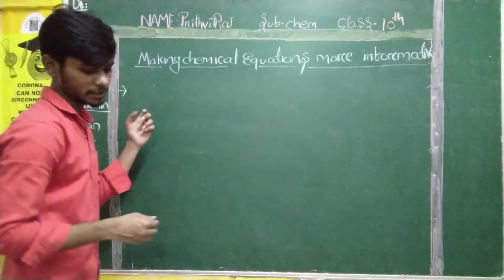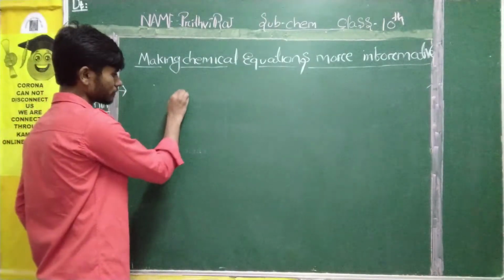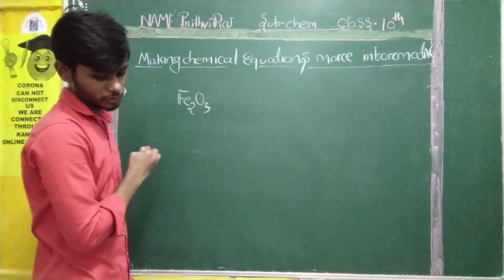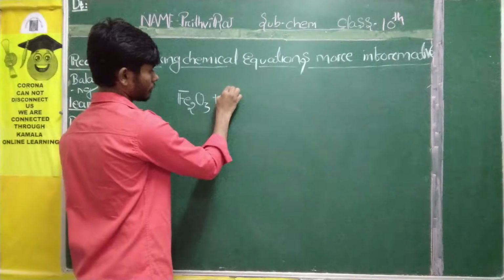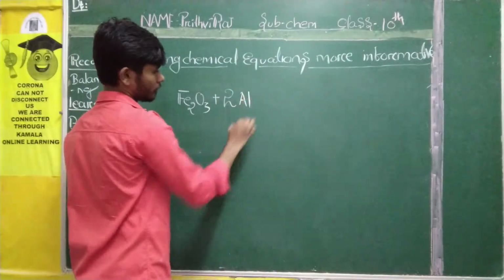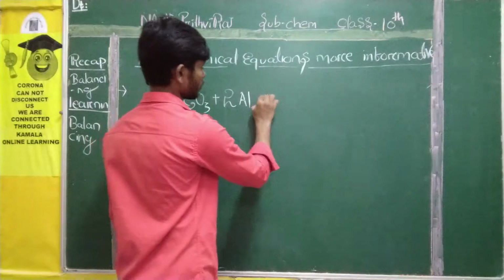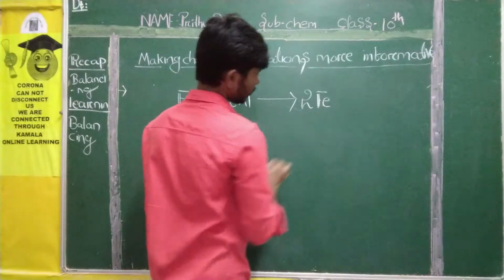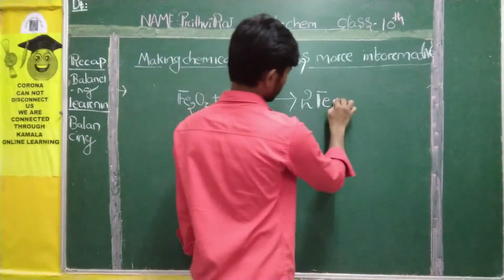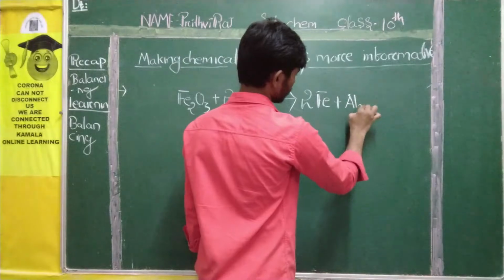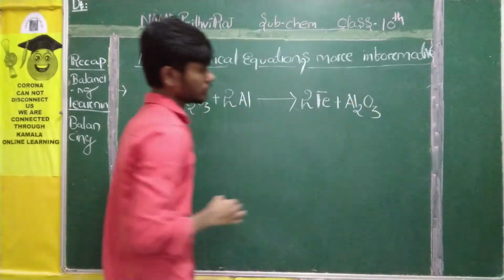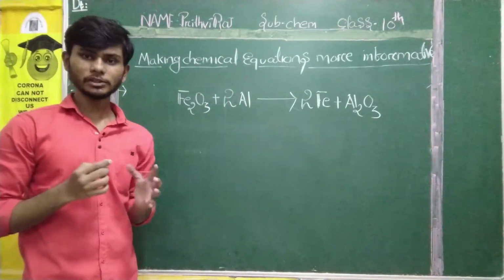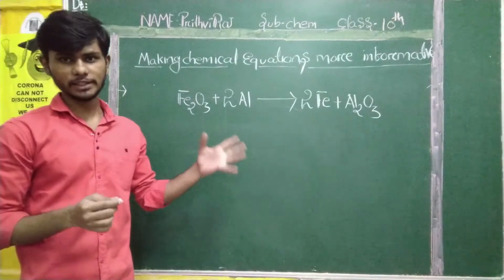Let me take an example: Fe2O3 + 2Al gives 2Fe + Al2O3. Okay students, this is our equation.